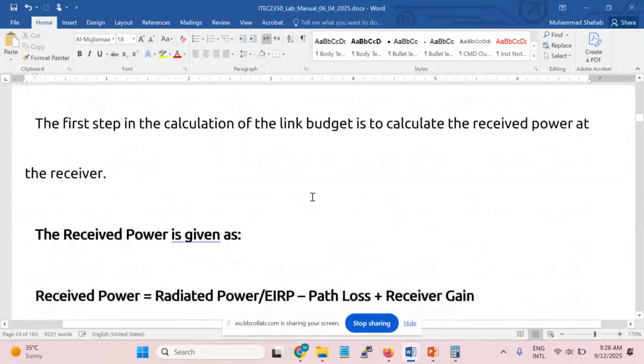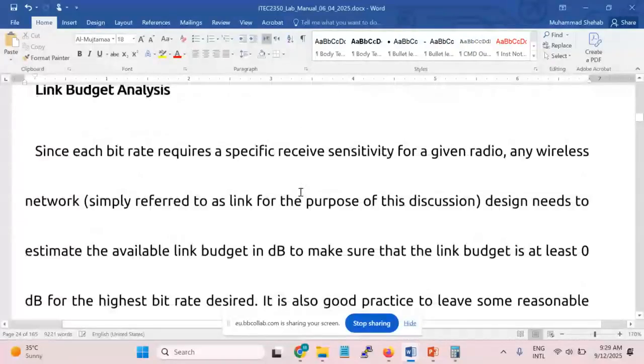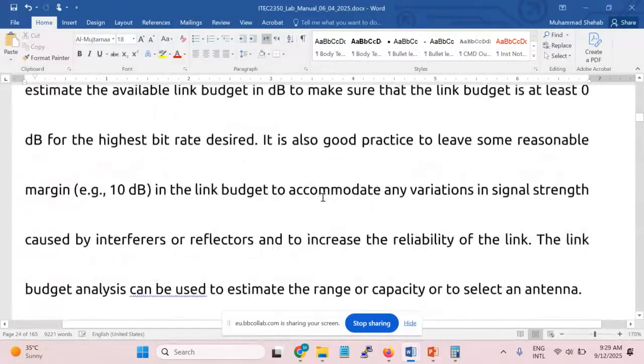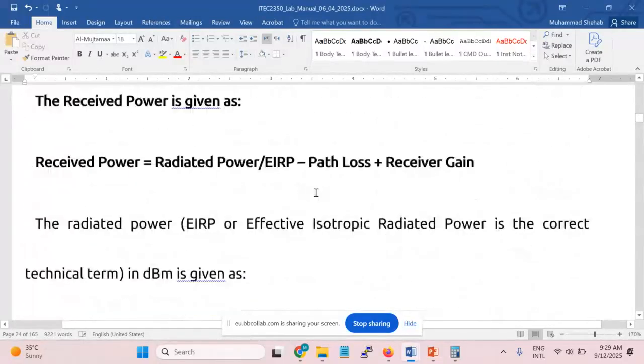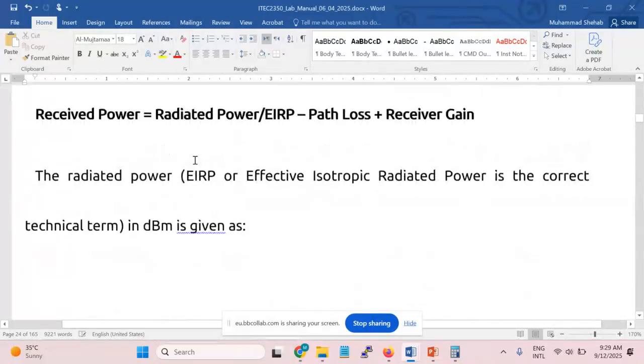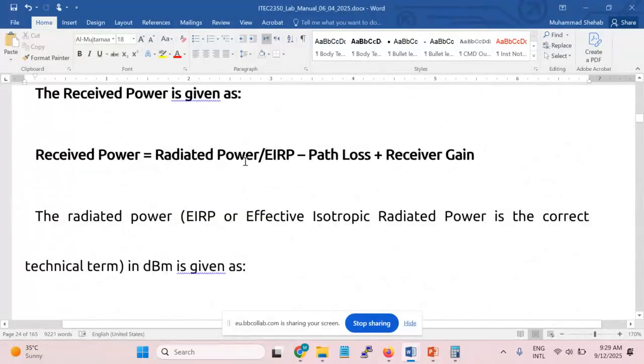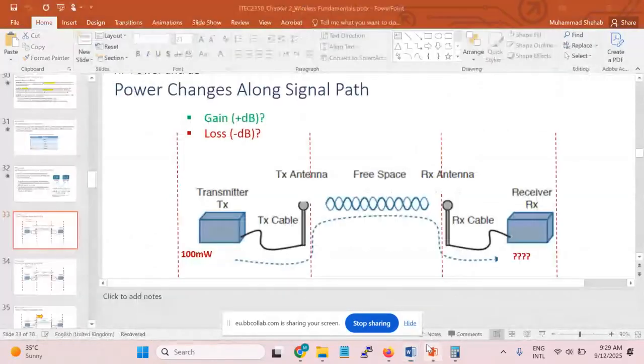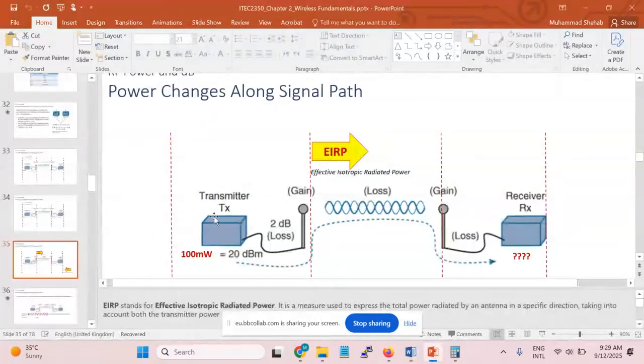Link budget analysis. Here we will start talking about EIRP and the received signal power at the receiver. Okay, let us start with an example. I will remind you of the rules. First, the EIRP is measured at the transmitter.